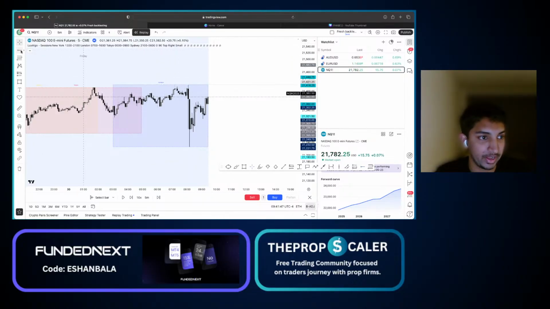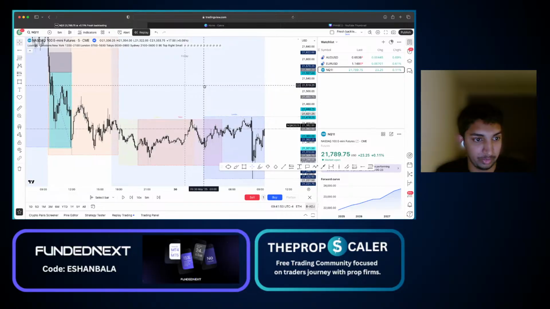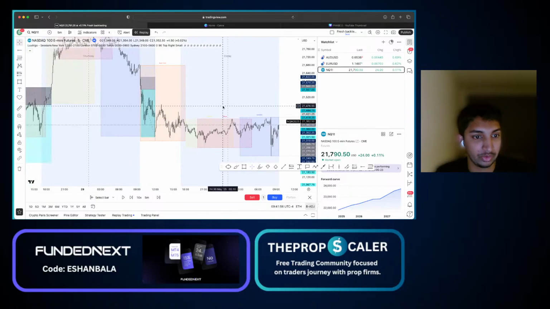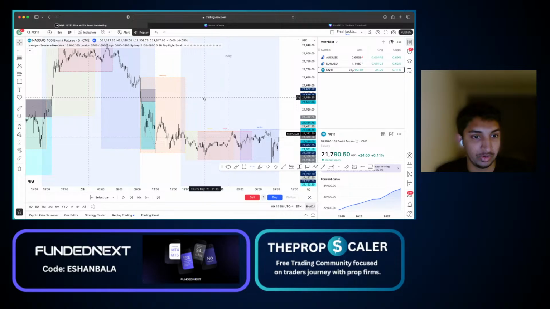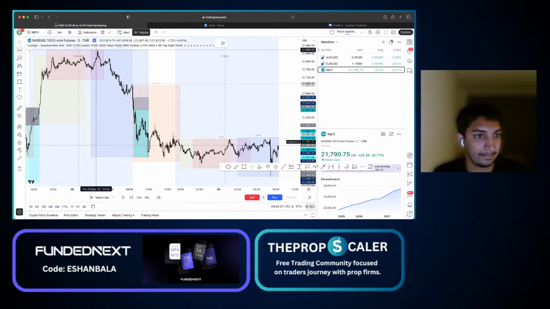So you got the London high, you got the London low, Asia high and Asia low has been swept. Then we can look at previous day low has been swept, and we got previous day highs. So we got a V shape almost here, reaction zone. Got a V shape here.